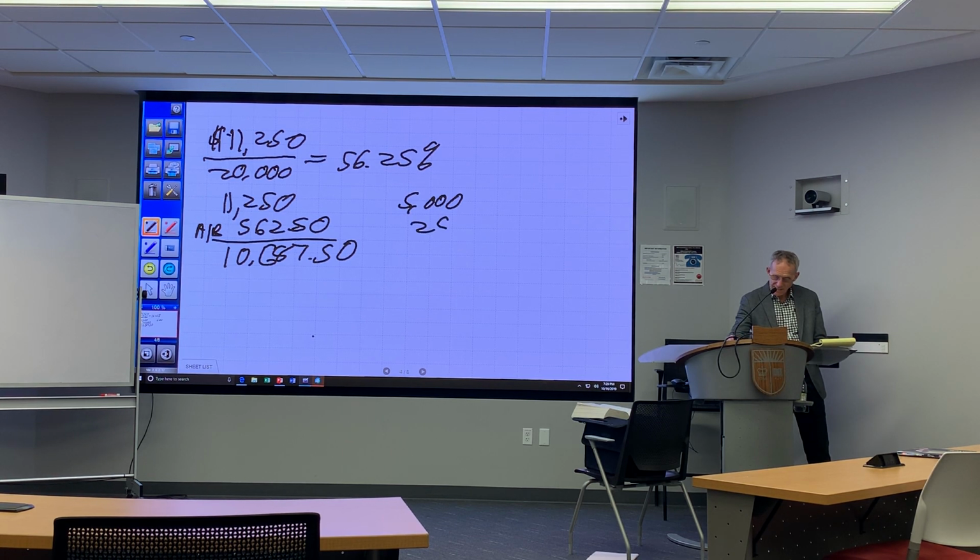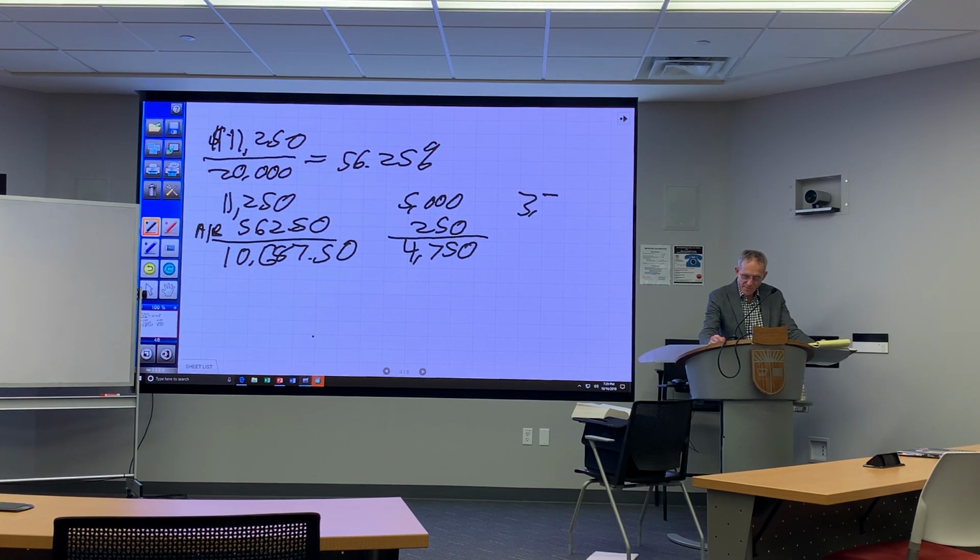What's his basis in that? $250. So he's going to have another gain there of $4,750. And then what's going to happen with the remaining $3,750? That's going to be considered a contribution, and his adjusted basis there is $187.50. So this is a contribution, this is a sale, and this is a sale.